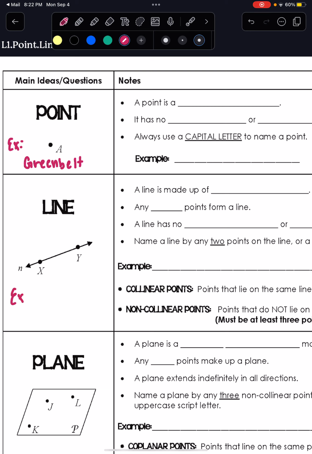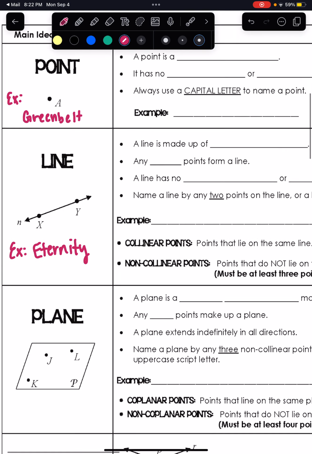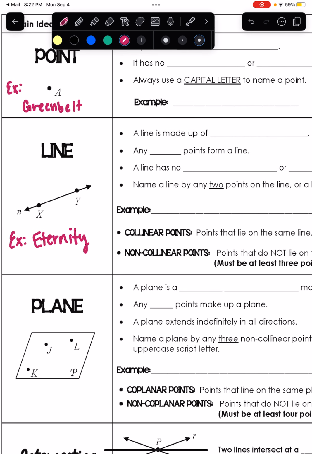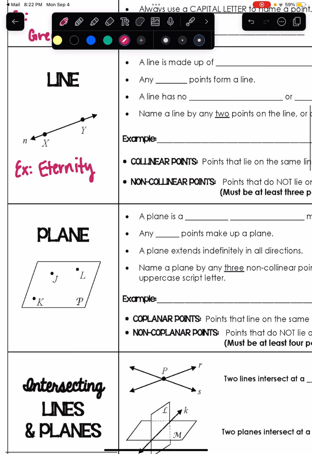And then for a line, our example can just be eternity. And these will make sense later. I just want to write these down first. And then lastly, for plane, your real life example is going to be paper.